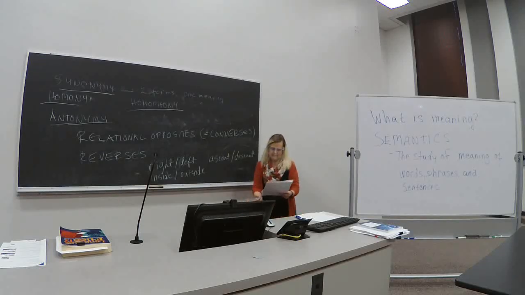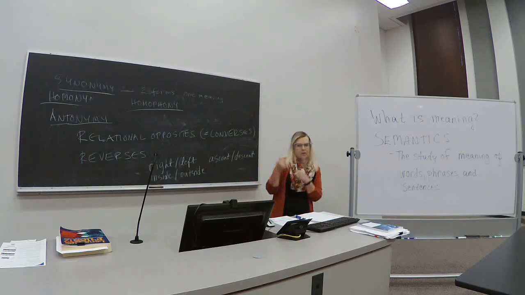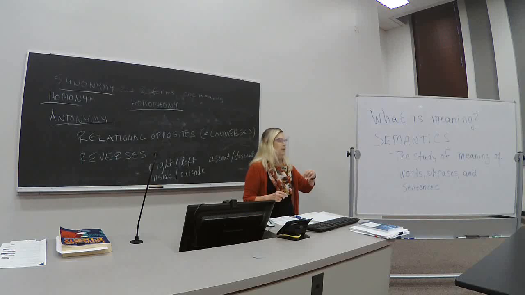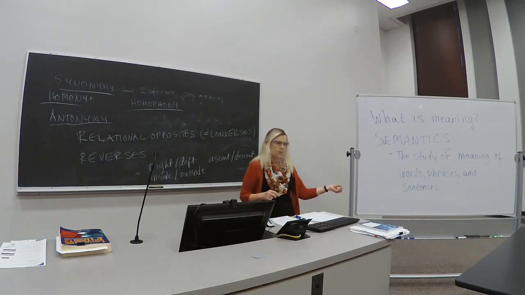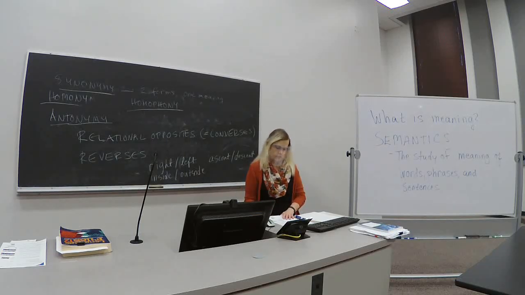So these would be reverses. So we can see that antonyms are opposites, but there are different kinds of antonyms, and defining a word's meaning in terms of its antonyms, whatever kind that is, gets us a little way towards understanding meaning, but not very far.